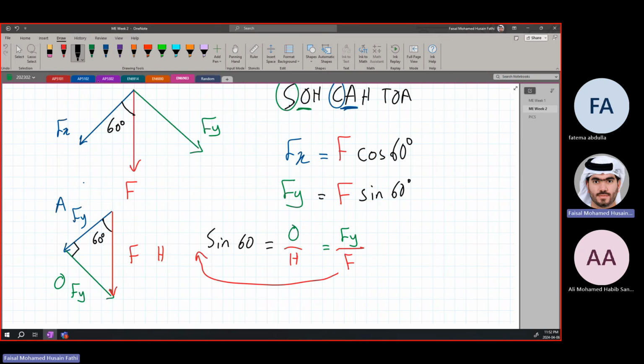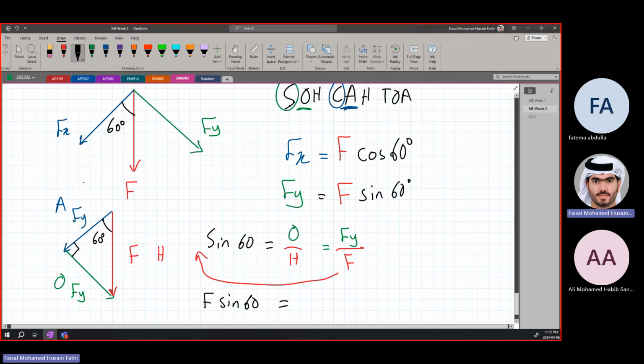F sine 60 will be equal to Fy, which is the same thing we managed to find out here directly with the shortcut.